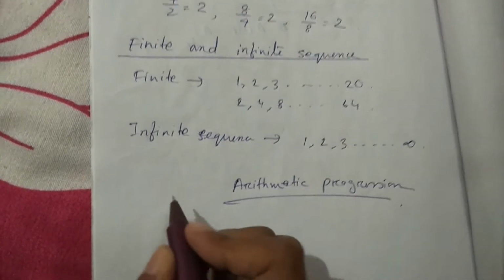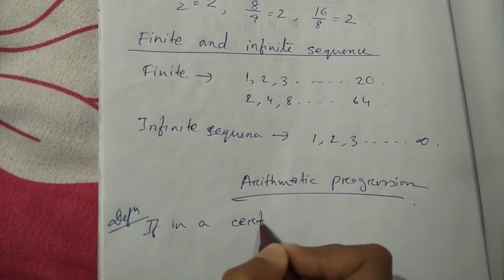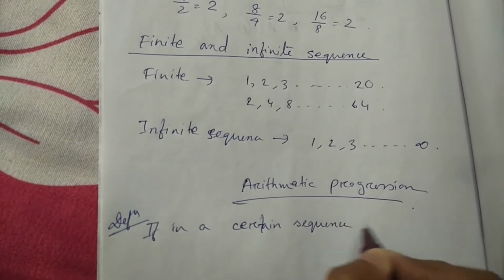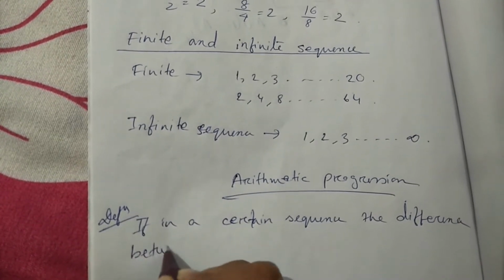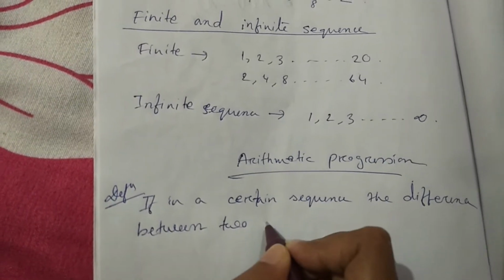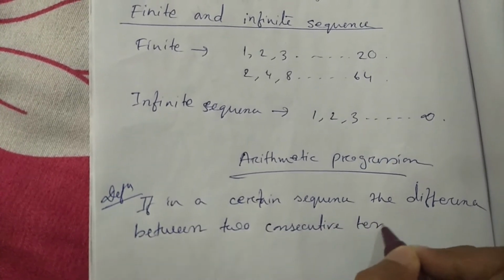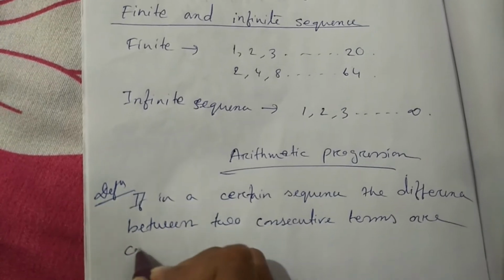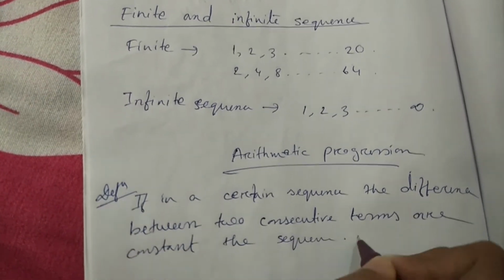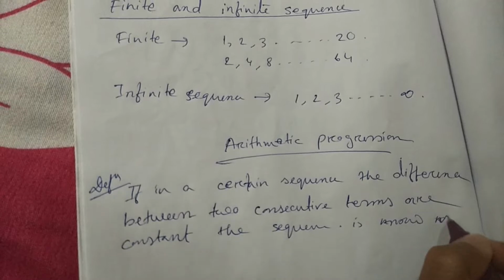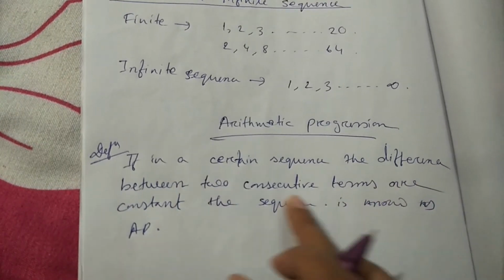The definition is, if in a certain sequence the difference between two consecutive terms is constant, the sequence is known as AP, meaning arithmetic progression.